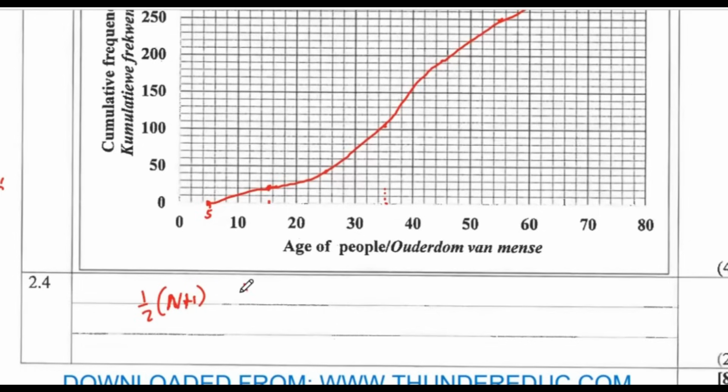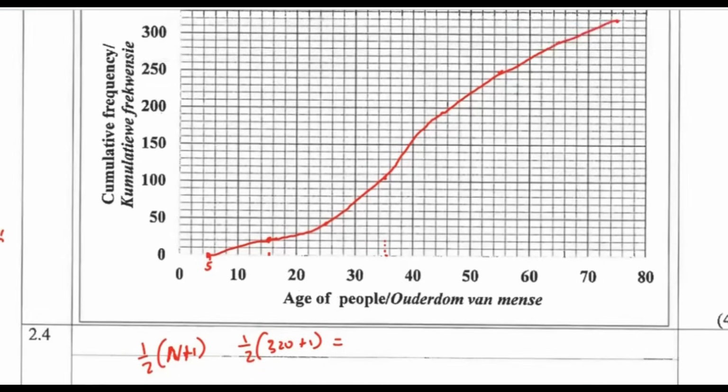So that it is a half of 320 plus 1, and then they locate where that is. So what is a half of 320? Let me first use this approach.